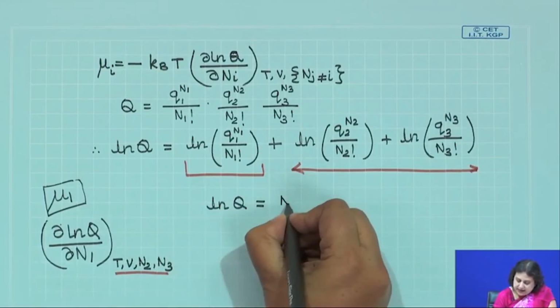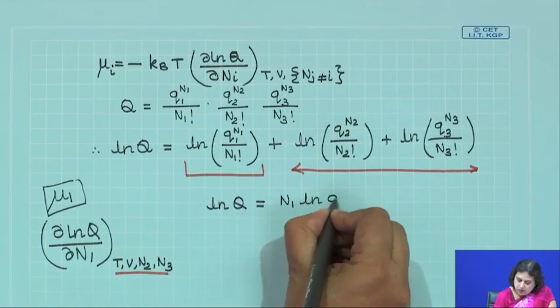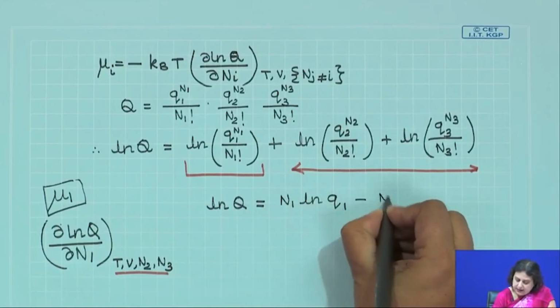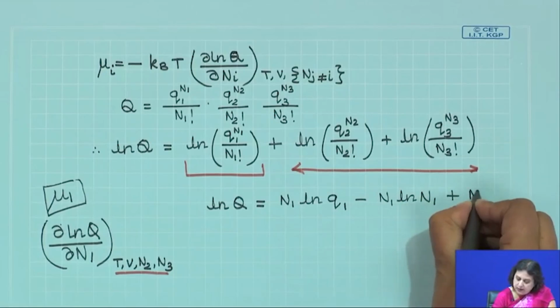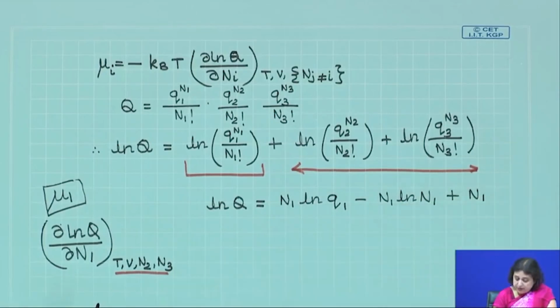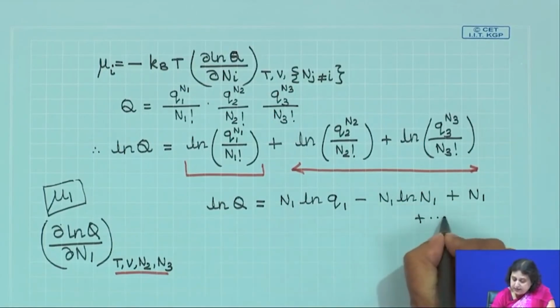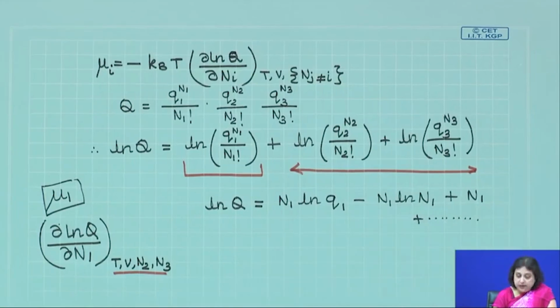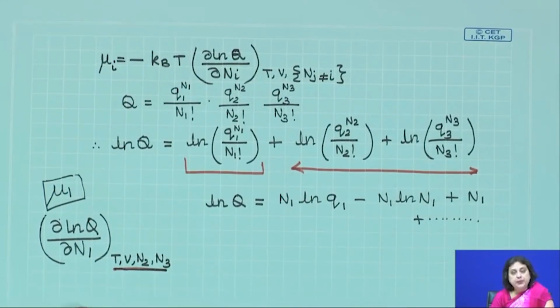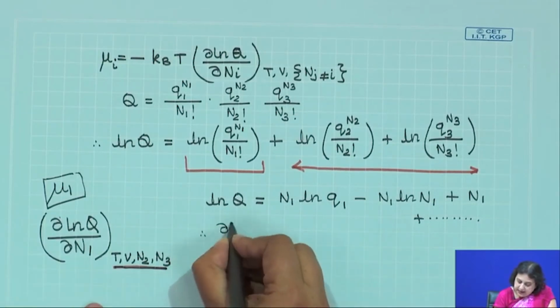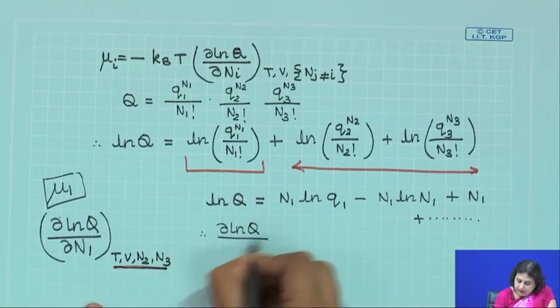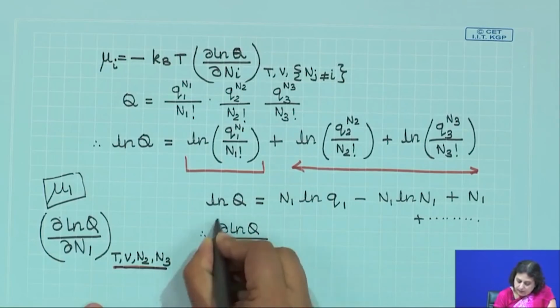So, I can write this as N1 ln Q1 minus N1 ln N1 plus N1 using Stirling approximation, plus terms which will remain constant under the condition of constant temperature, volume, and constant N2 and N3. So, what is del ln Q del N1?